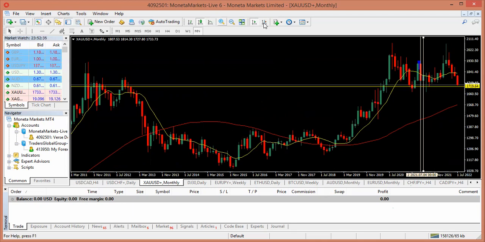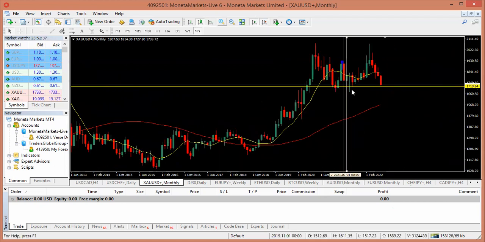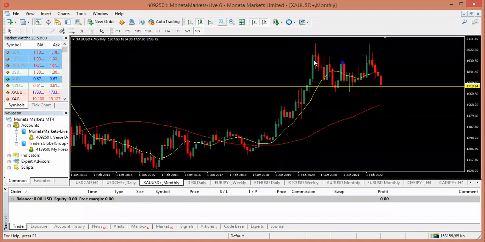Now, I just told us that what was looking like a ranging market in a monthly time frame, when you begin to zoom in to the weekly and daily, will not necessarily be a ranging market. So there, price was ranging.